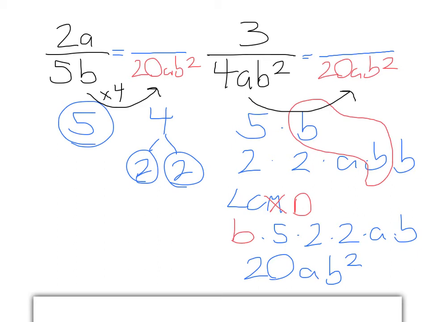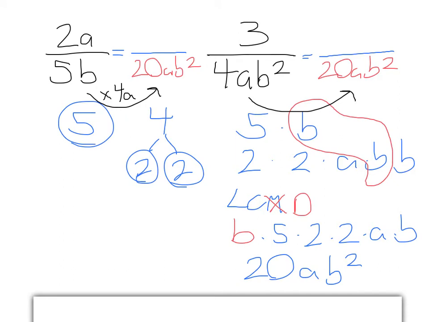Look at the a. There's no a over here with 5b, but there is one single a here. So therefore, if we multiply by yet another a, we're going to end up with an a over here. And let's look at the b's now. We got 1b here and b squared here. We have to ask ourselves, single b to the first power, times what is going to give us b squared?